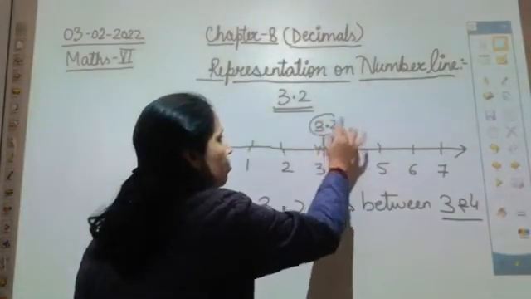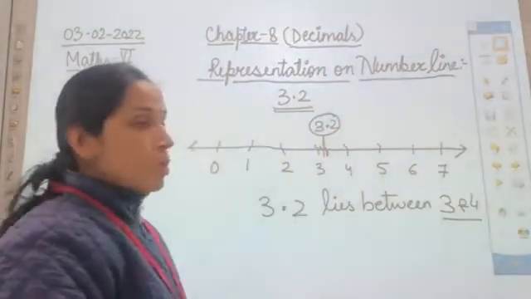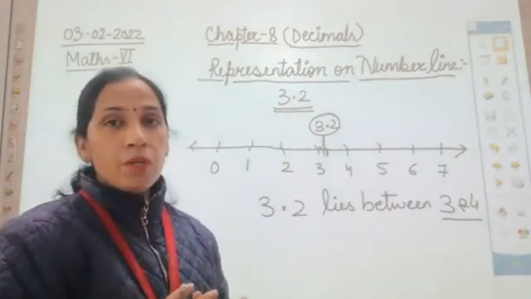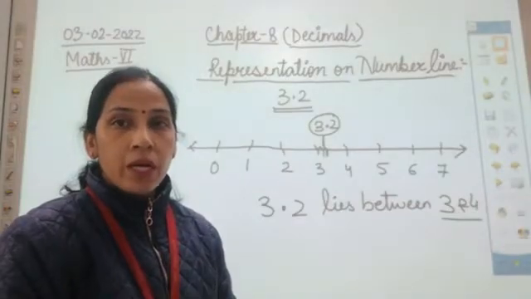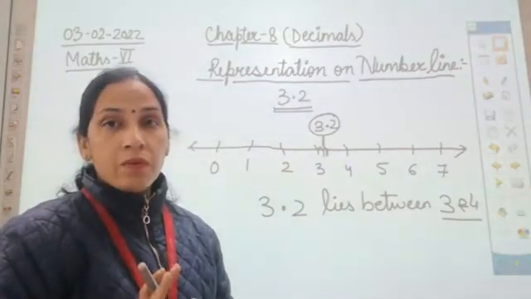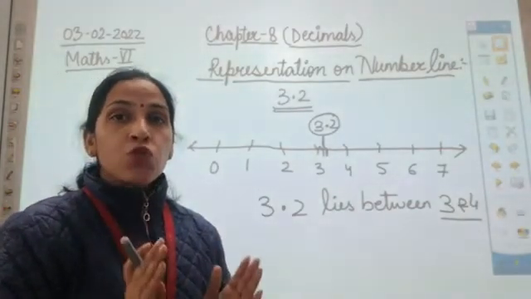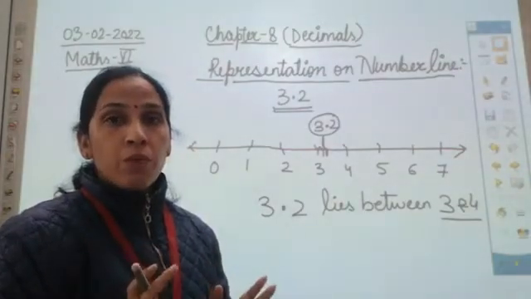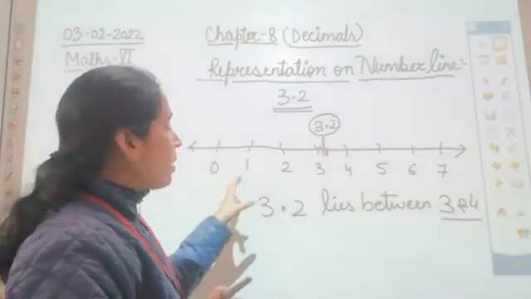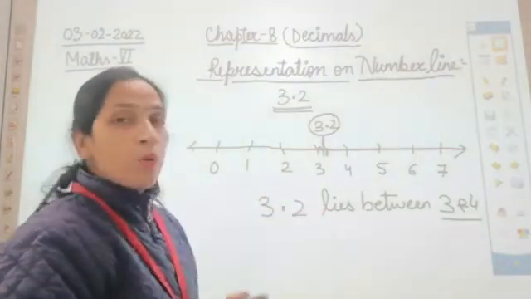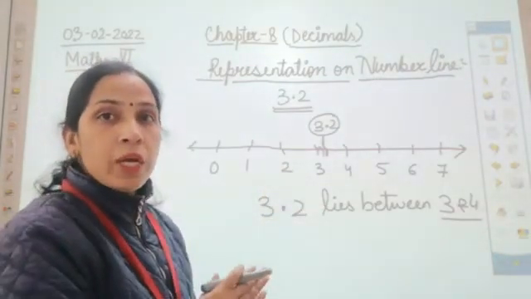The only thing you need to take care of is that whichever number you are given, like 5.1, 5.8, 5.9, you find between which two numbers it is going to come. If it is 2.8, it lies between 2 and 3.